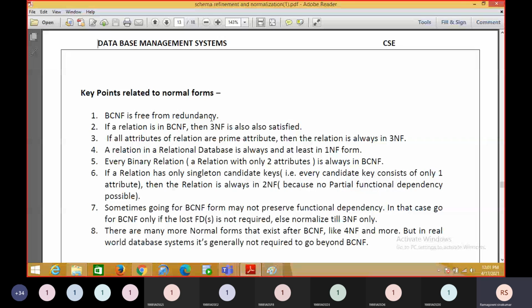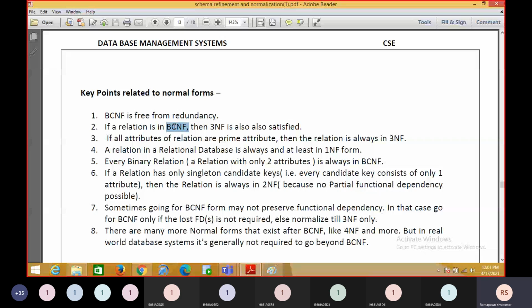If all attributes in the relation are prime attributes, like employee ID, Aadhaar number, email ID, then the relation is always in normal form.